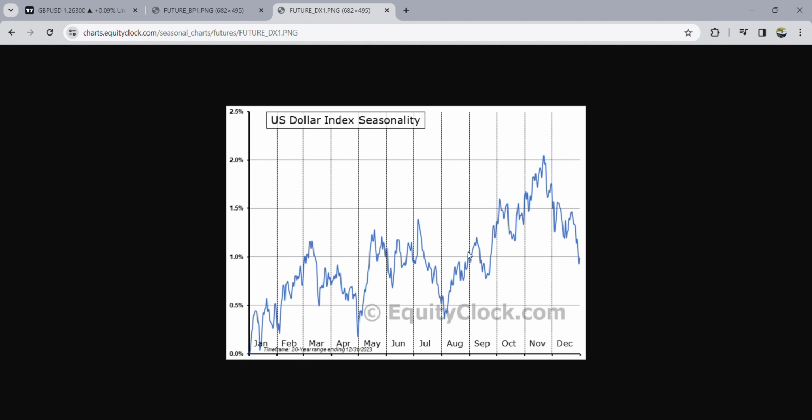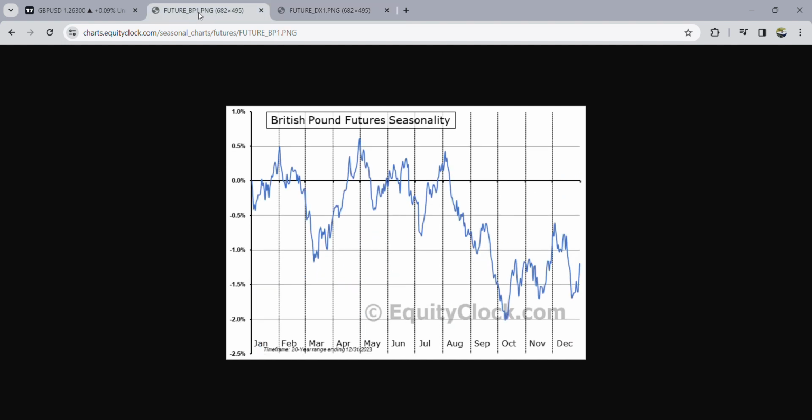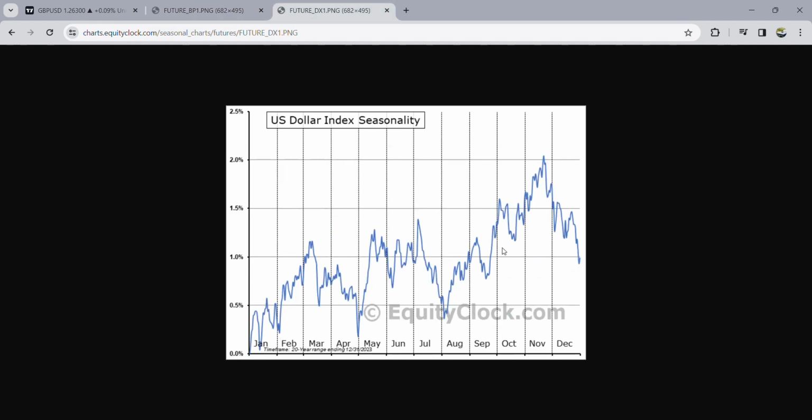Middle of September makes the low, and then end of October makes the high. I'm sorry, middle of September makes the high, start of October makes the low. And in this one, the end of October makes the low.